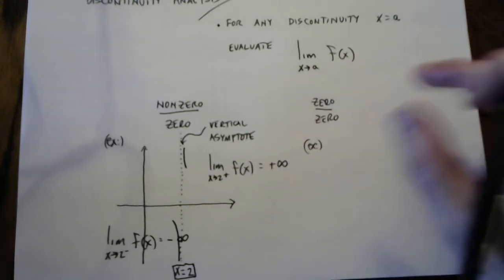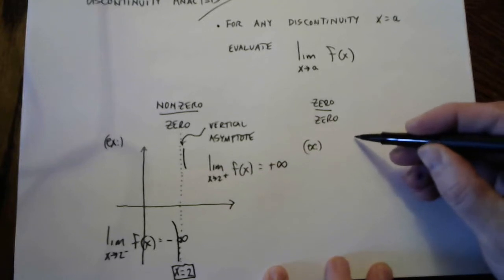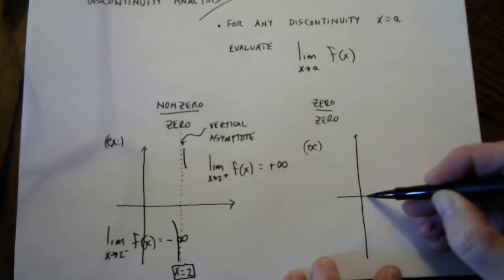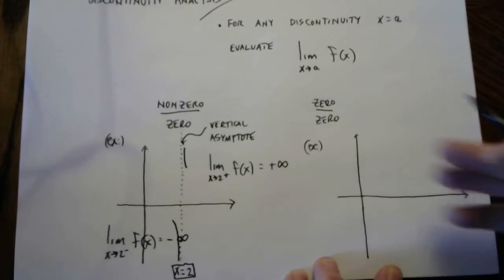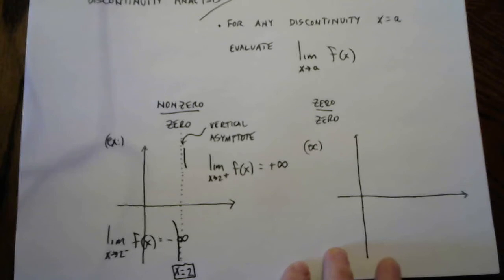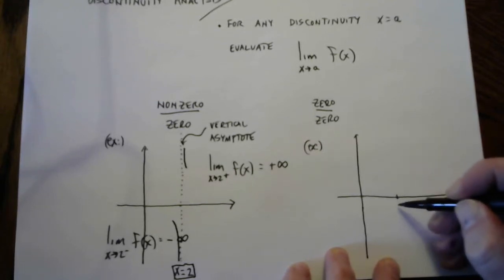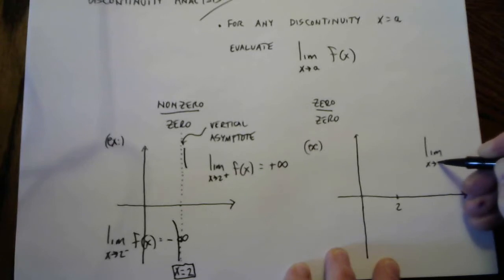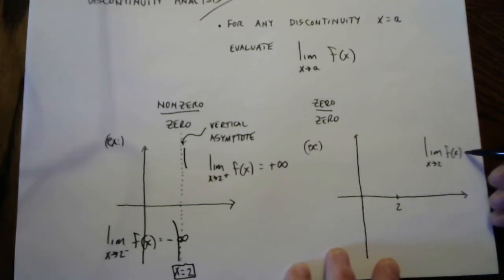Okay, so this is a different type of discontinuity. You remember, we get 0 over 0, we factor, and let's just say we use 2 again. The limit as x approaches 2, and let's just say it equals 4. Well, what does that mean?